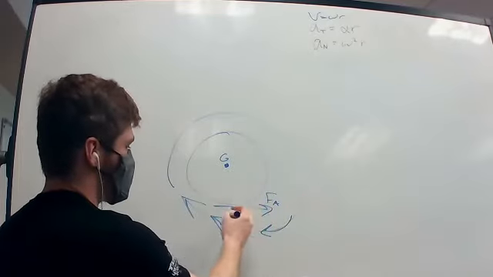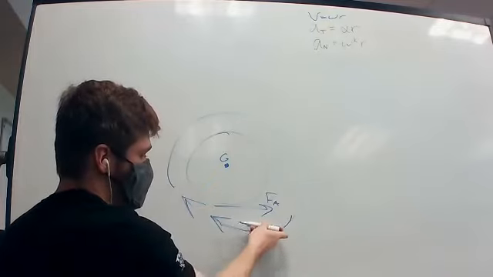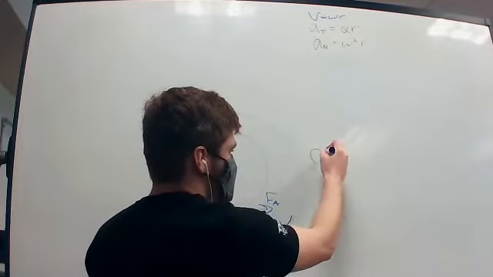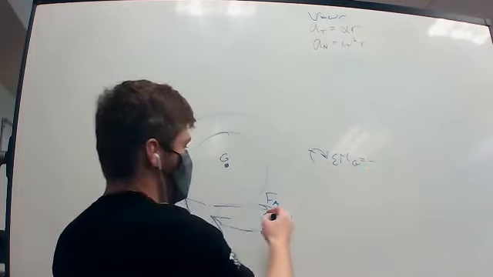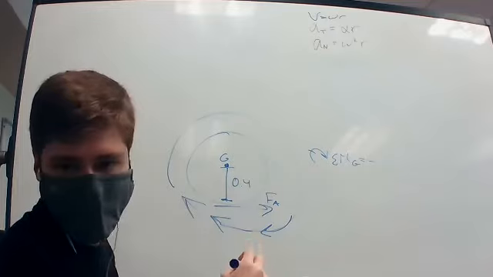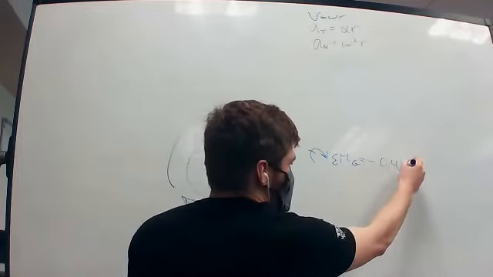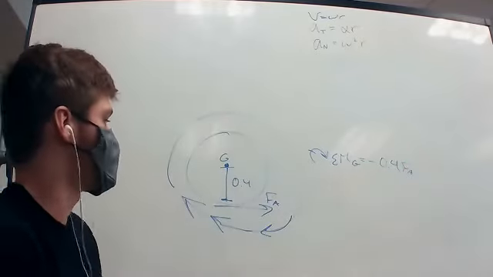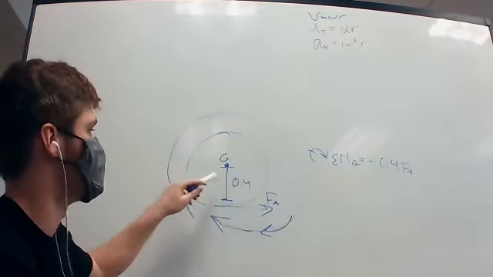FA is moving to the right, and when the clockwise motion comes around, the moment is going left. So when you do your clockwise sum of the moments about G, you're going to have minus this distance, which I think is 0.4. Yes. So that's going to be minus 0.4 FA. That's why it's negative, because this is moving to the right and they're doing a clockwise moment about the center.